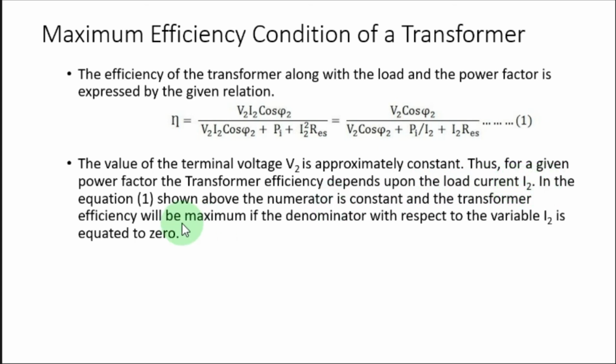In the equation 1 shown above, the numerator is constant and the transformer efficiency will be maximum if the derivative of the denominator with respect to the variable I2 is equal to 0.